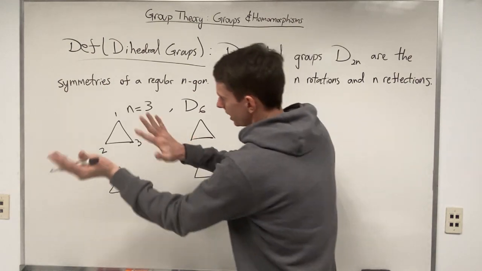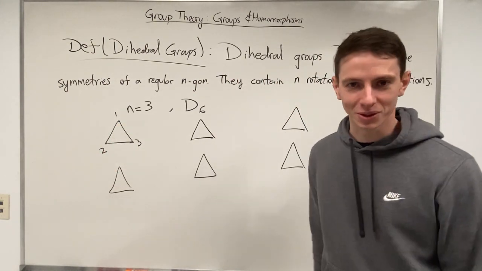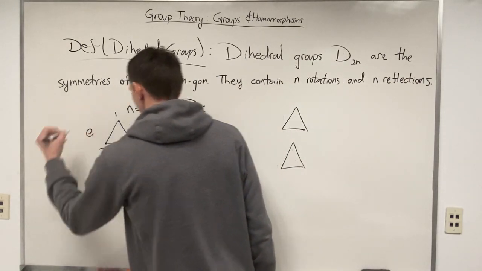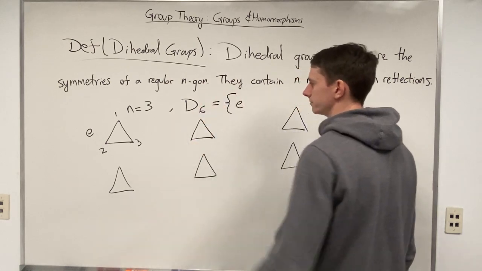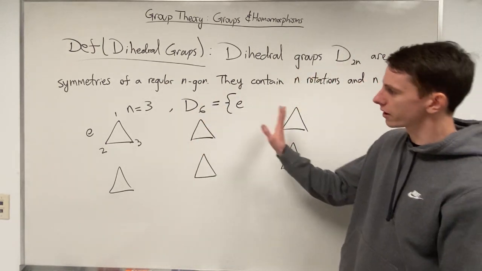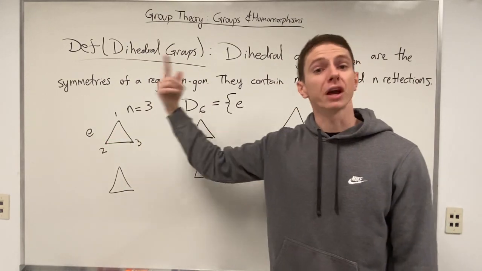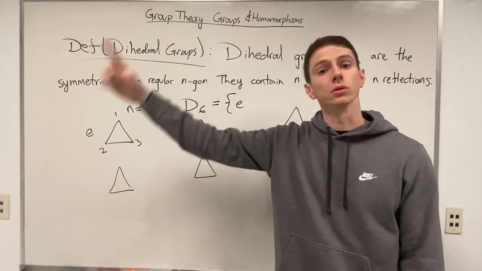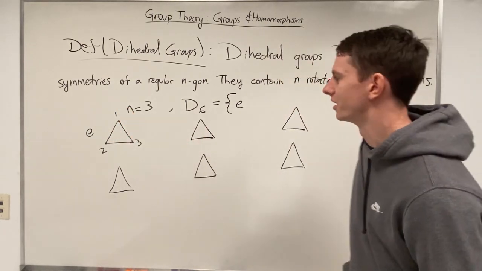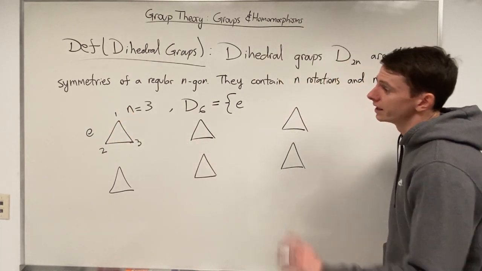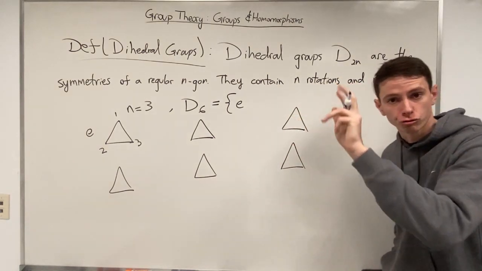So if we were to take our triangle and transform it by doing nothing to it, that would be the identity element, E. So D6 contains E. Another way of saying E is a rotation by 360 degrees, one full revolution. So that's another way of saying the do nothing transformation. And because of that, that would be considered one of the n, or one of the 3 different rotations of this group.